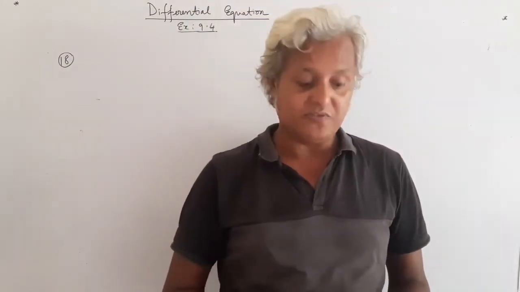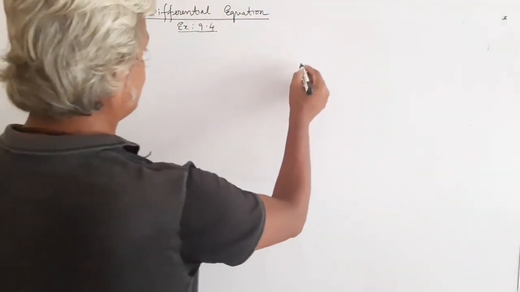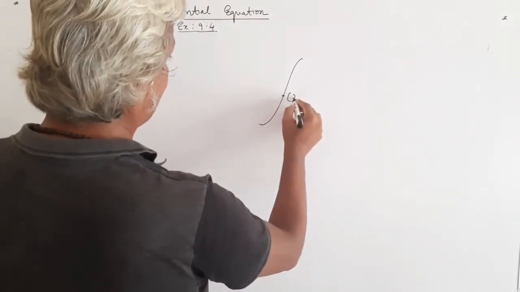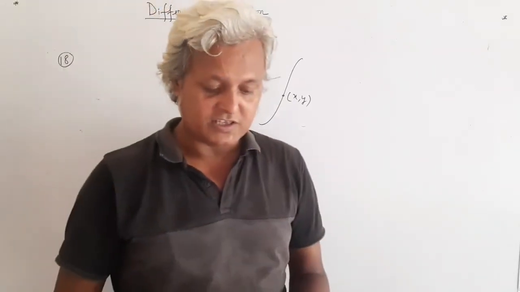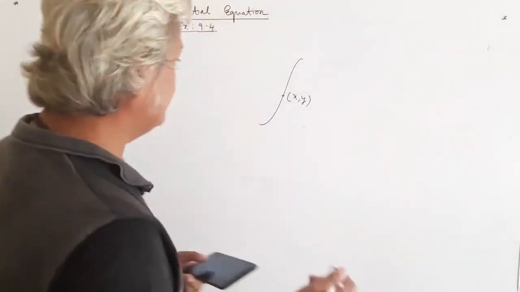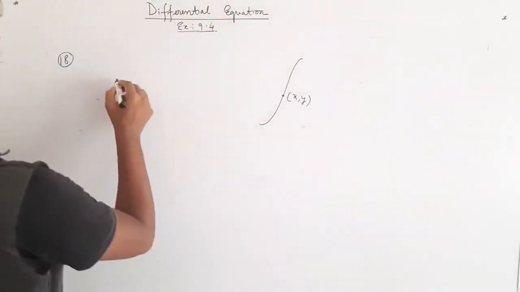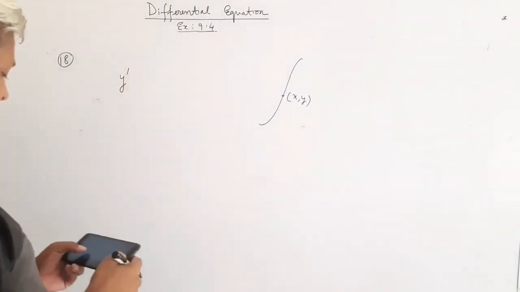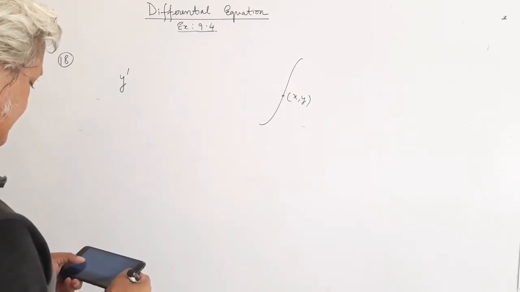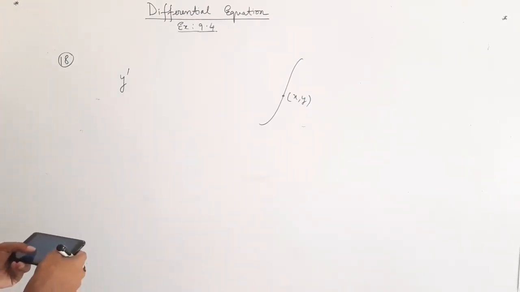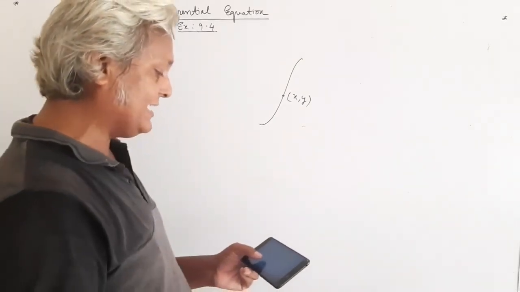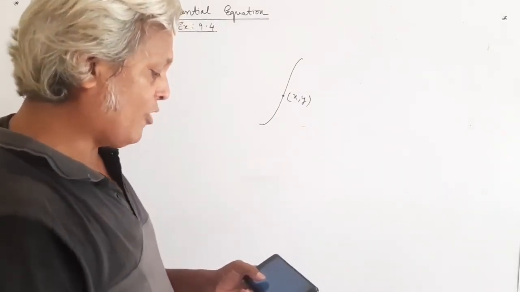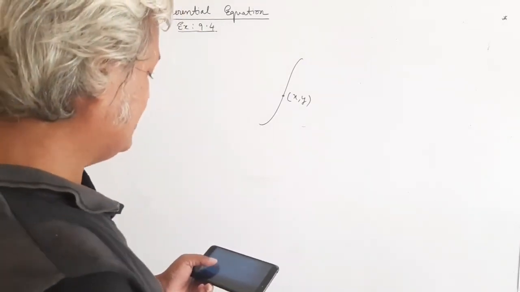Now question number 18 says that at any point (x, y) of a curve, the slope of the tangent, meaning y dash, is twice the slope of the line segment joining the point of contact to the point (-4, -3).